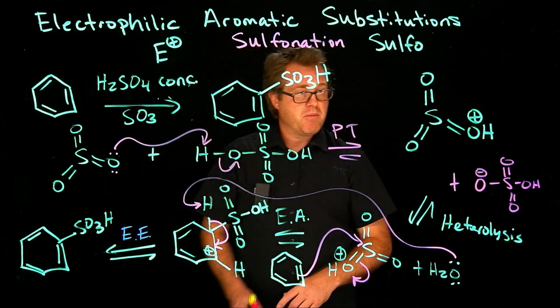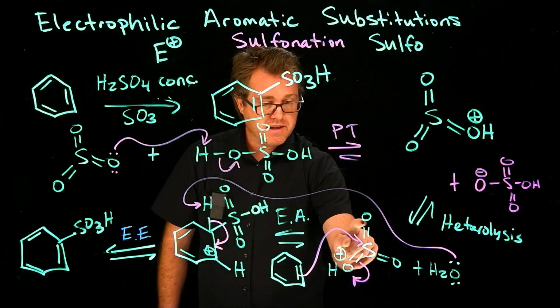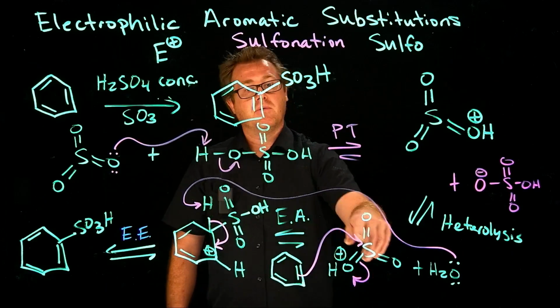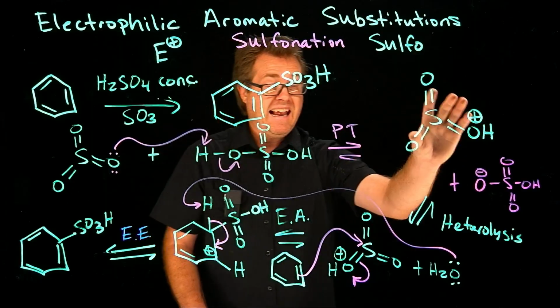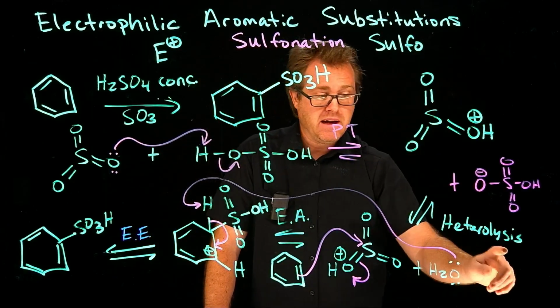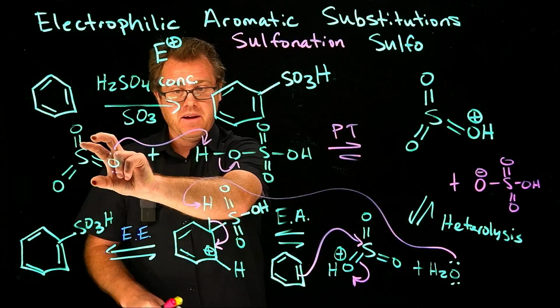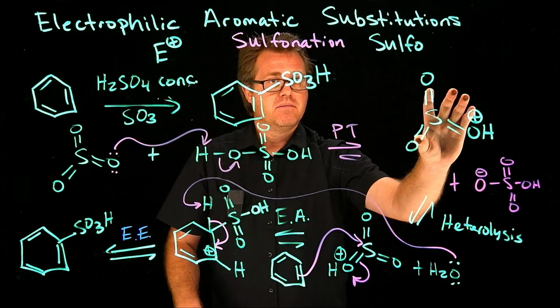Remember that in the original, this was the electrophile responsible for this reaction? Well, we just generated it without doing a heterolysis step. We just did a simple proton transfer from here to there.